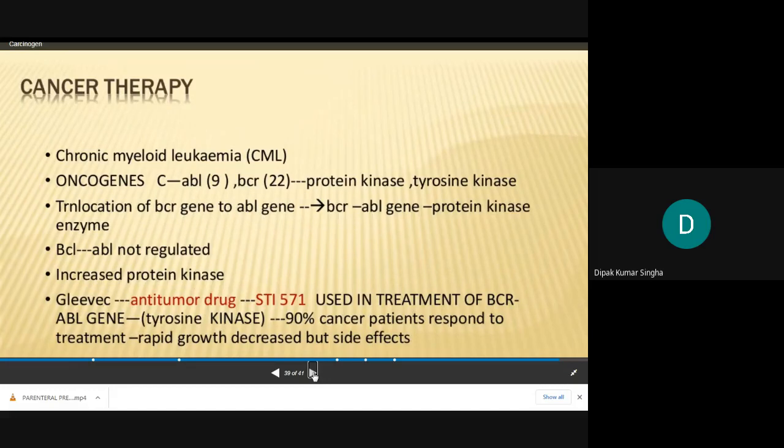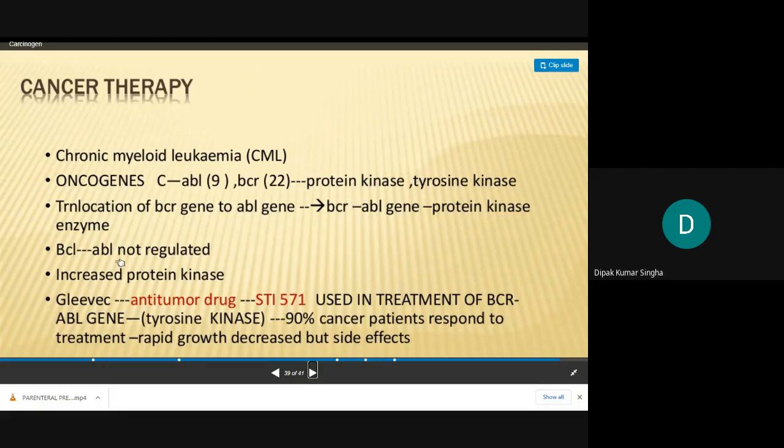Cancer therapy, obviously, for example chronic myeloid leukemia. This is a very good detail on cancer therapy, but you do not need to depend on these slides. The oncogenes ABL and BCR code for a type of protein kinase, tyrosine kinase, through translocation of the BCR gene to the ABL gene, and these are protein kinase enzymes.